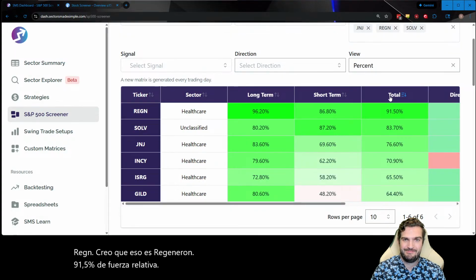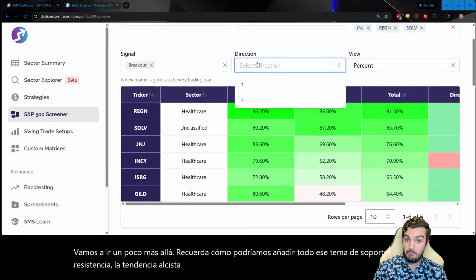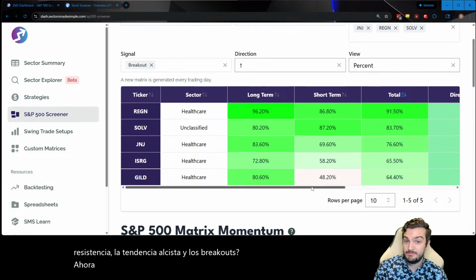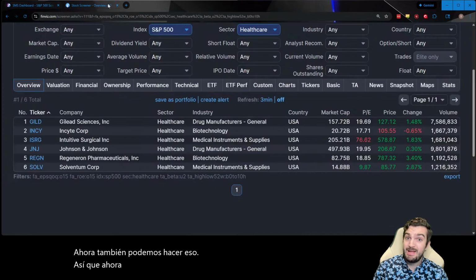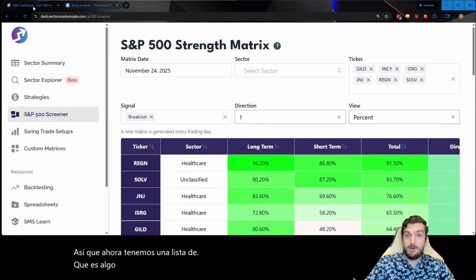But let's take things a little bit further. Remember how we could add in all of that support and resistance stuff? The uptrend and the breakouts? Now we can do that too. So now we have a list of fundamentally strong companies, which is something that we have brought in. That was our decision.